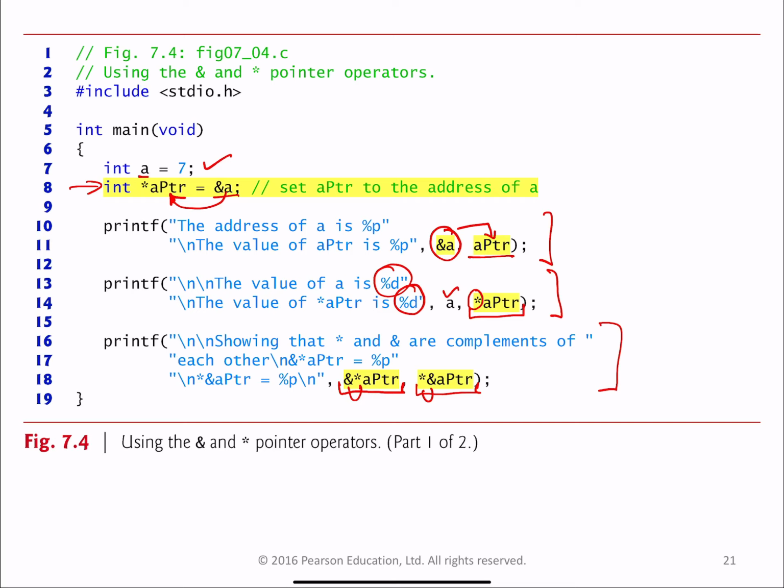Now this one may be a little more difficult to make sense of, but think about what this one might mean. It is the address of the value of variable a.